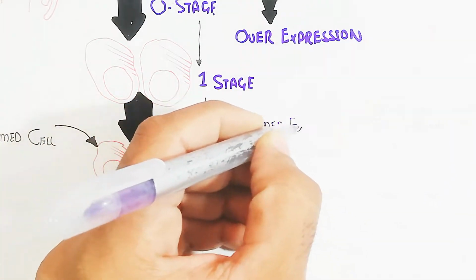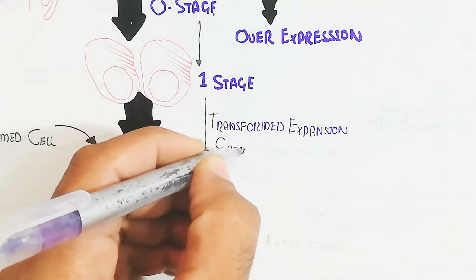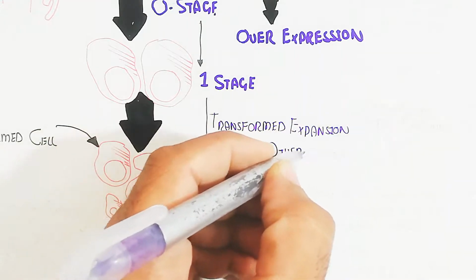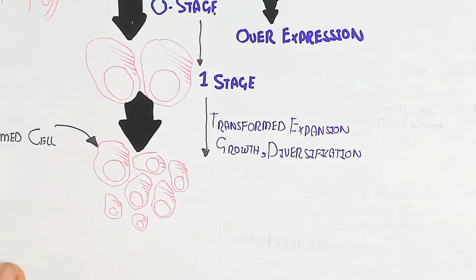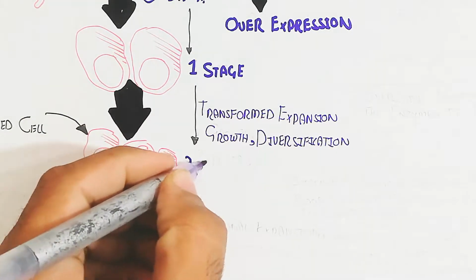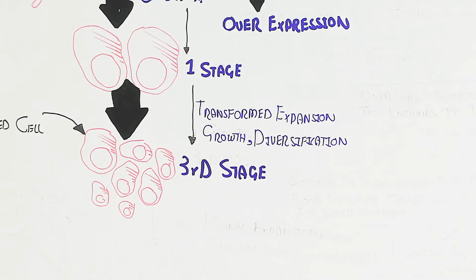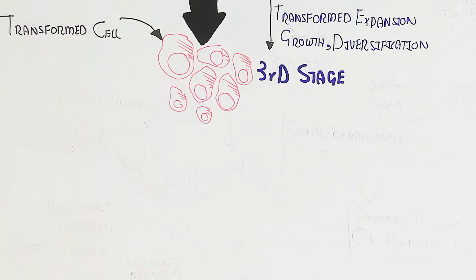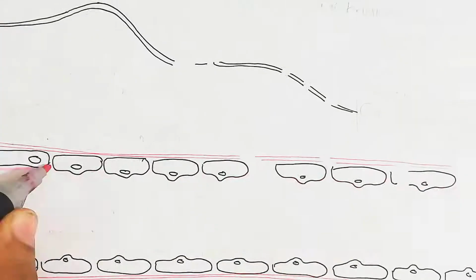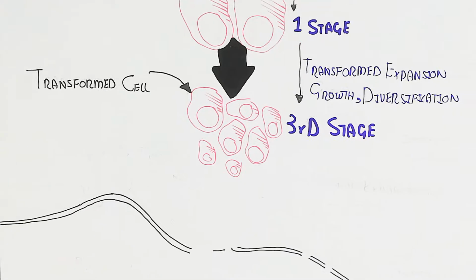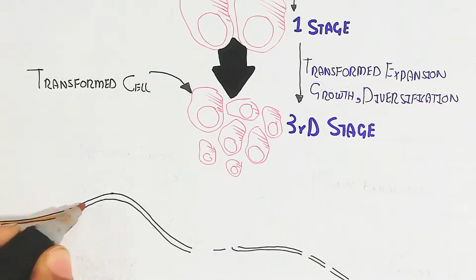Then transformed expansion, growth and diversification will occur, leading to the third stage, which is basically the transformed cell. This transformed cell will differ from the original cell, and its size will shrink due to the rapid cell division.